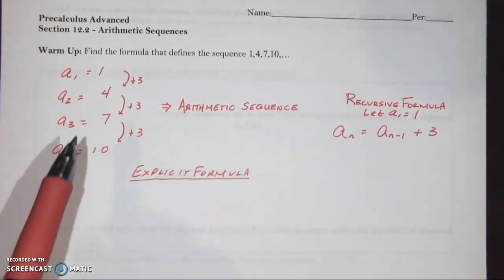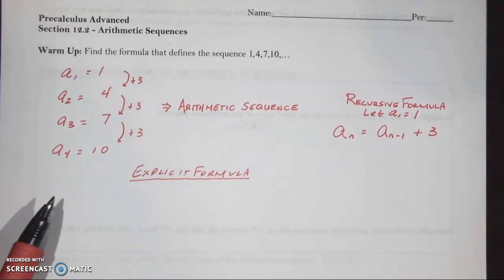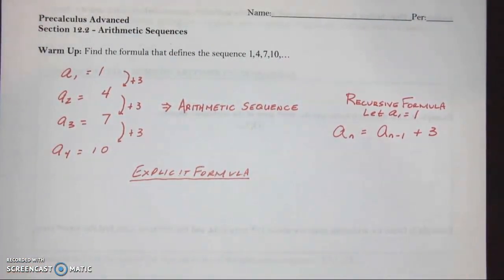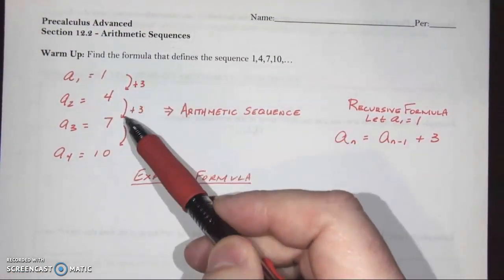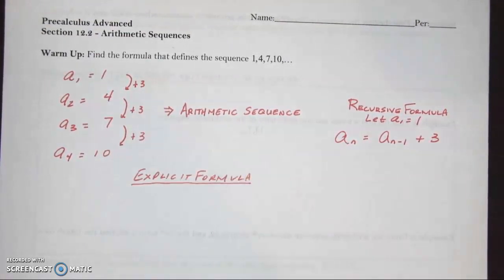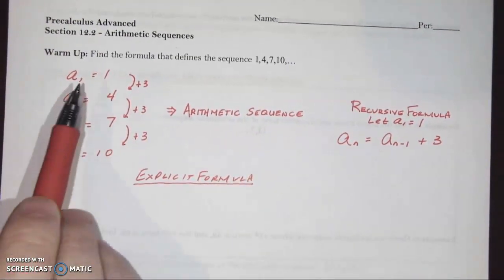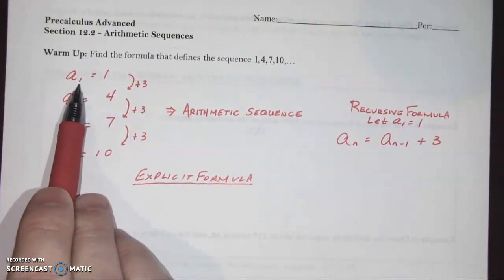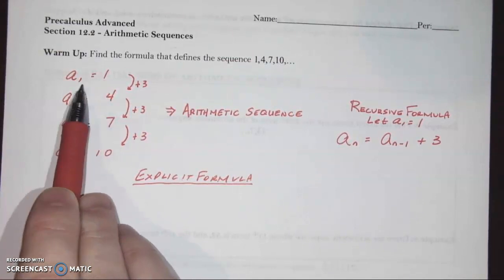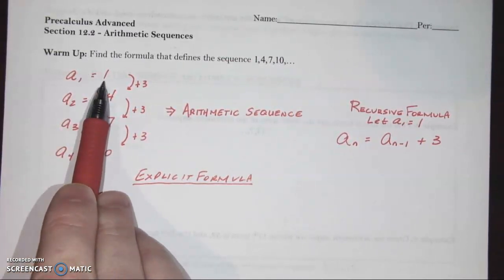So, if we think of this as a function, maybe even as a linear function. When something from one term to the next is increasing by the same amount each time, we could think of that as a linear function. So if this is our input and this is our output, the first term, the 1, becomes our input, and when we input 1, we get an output of 1.